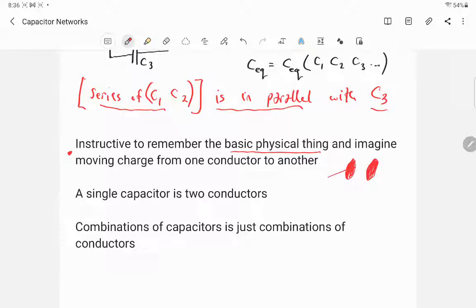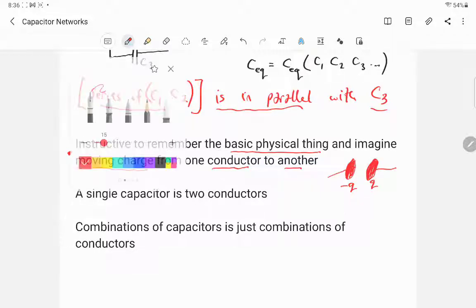But the idea is I have 2 pieces of metal, and what you're imagining is moving charge from one of the conductors to the other conductor. So if I was to take charge Q from the left side and put it on the right side, what I've taken from the left side leaves me the deficit of the charge. So I have separated charge.